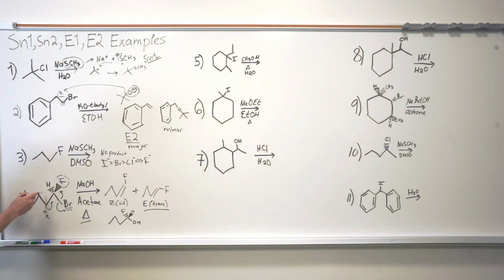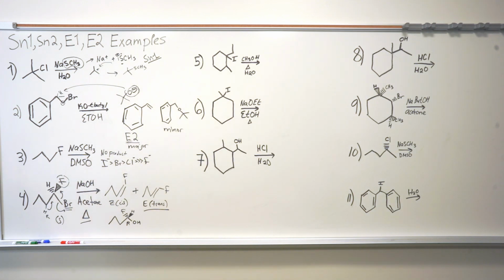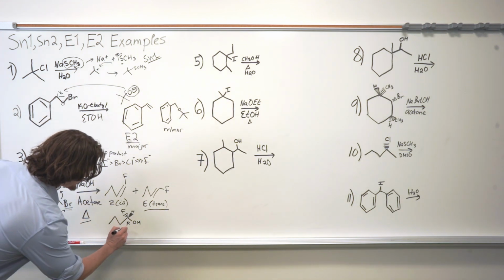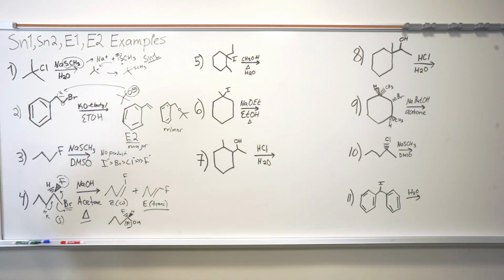So we're going this way, okay? So this is going essentially counterclockwise. So it's going to be S. So this is S, right? And this is now R, of course, okay? This is now R. So there's a complete inversion of stereochemistry for the SN2. Okay, so these are our products here.